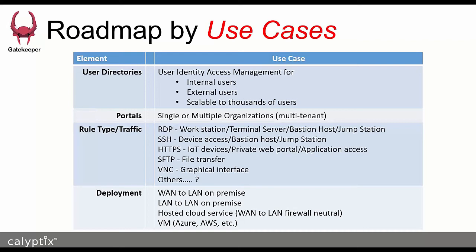The Internet of Things, HTTPS, that's getting to a camera or to a management console. It could also be getting to an application or a web portal, the private web portal, a WordPress implementation that you need to put two-factor in front of. That's where you map the use cases to how it gets done.